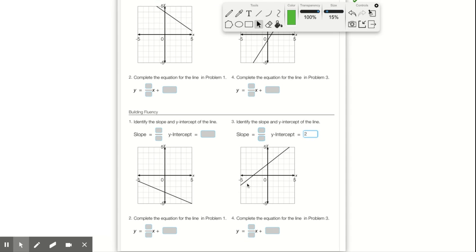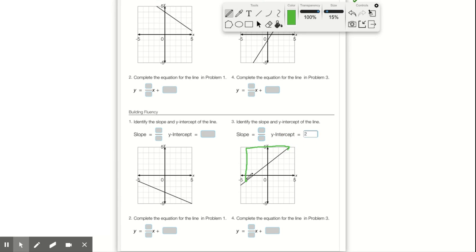And the slope. Find 2 points. Okay, so let's do this point here. And let's do this point here right at the top. Okay, so let's rise first. Rise all the way to that point, and then we're going to run.